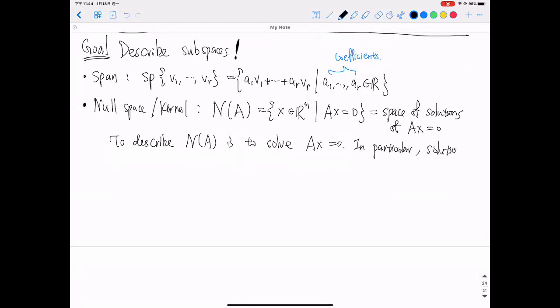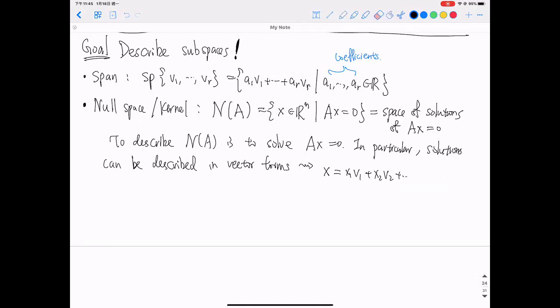But one thing I want to point out is that in particular, solutions can be described in vector form. If you remember how that works, solutions take this form: x equals some vector v, some number x1 times v1, some other number x2 times v2, and so on.